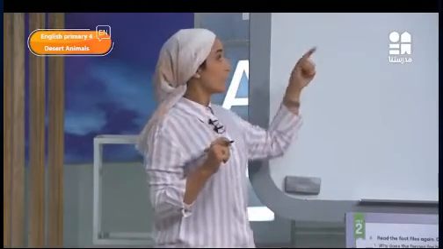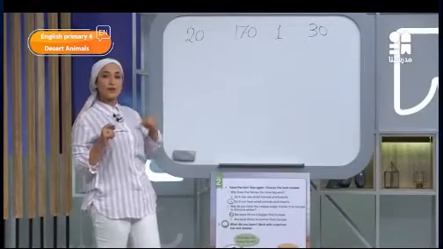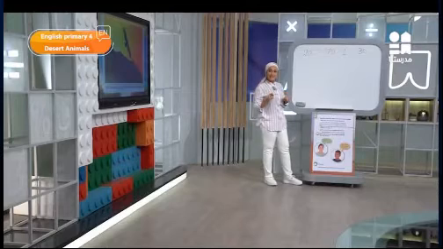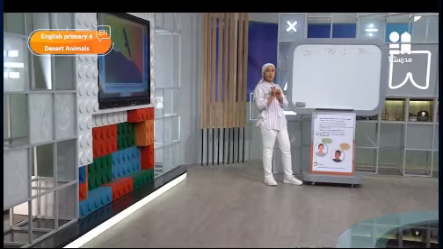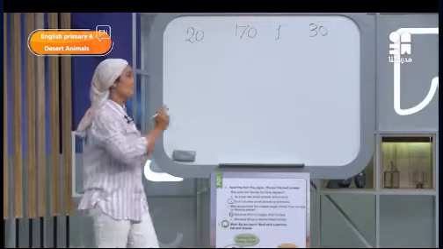Okay. So, would you please go back to the text of the fact file? Yes, to the fact file to revise. 20. What's it referring to? Yes, exactly. A fennec fox is 20 centimeters tall. How cute. It's very short.